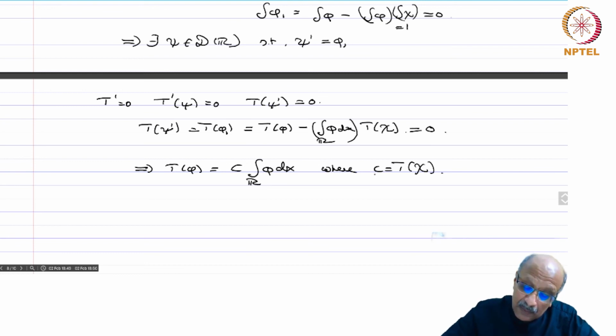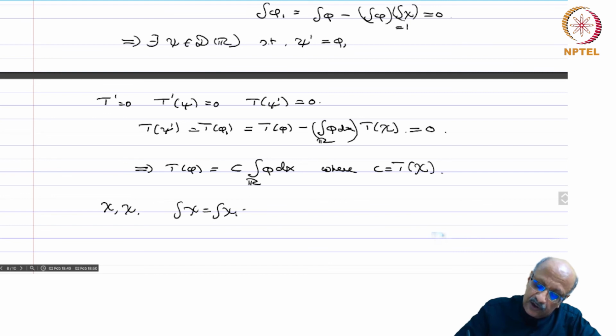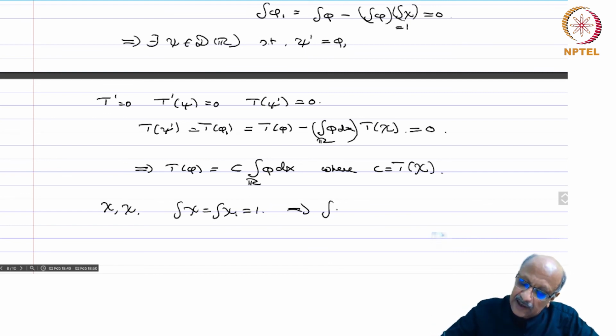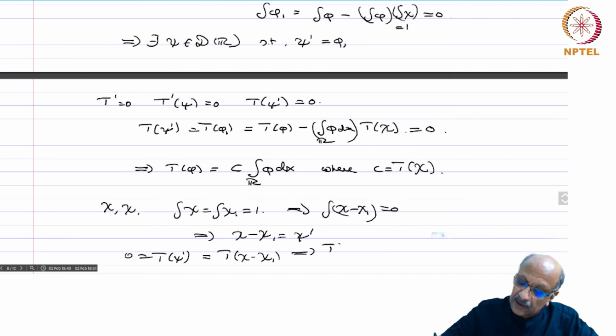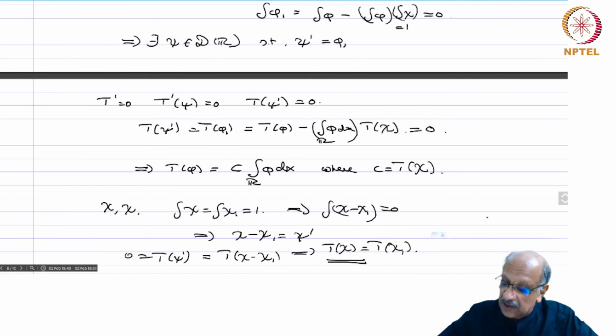Then there is some trouble in the problem, but you won't, because if chi and chi 1 are such that the integral of chi equals the integral of chi 1 equals 1, then this implies that the integral of chi minus chi 1 is 0, and this implies that chi minus chi 1 is equal to some psi dash, and therefore T of psi dash will always be 0. This implies that T of chi minus chi 1 is 0, and therefore T of chi equals T of chi 1. So there is no ambiguity caused by the choice of the function chi which you chose.